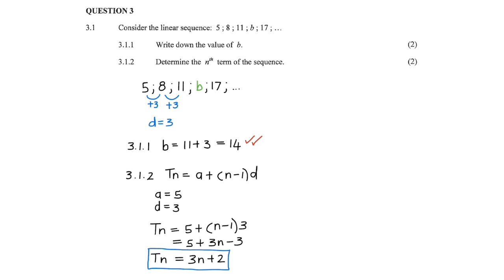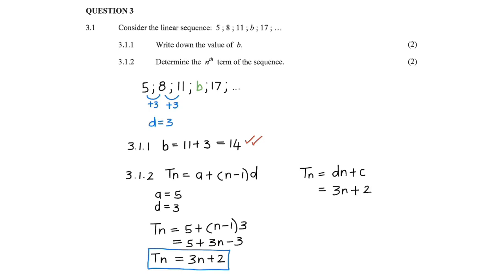Alternatively, you can use the formula Tn equals dn plus c, where Tn is the general term, d is the constant difference, and n is the number of the term. So we've already determined the value of d. To find c, you take T1 and you subtract the constant difference. So T1 in this case is 5.